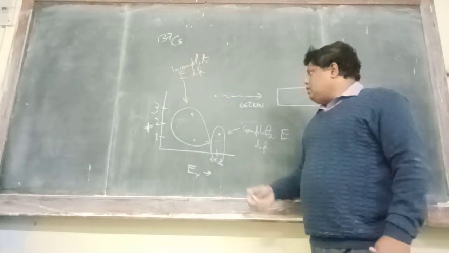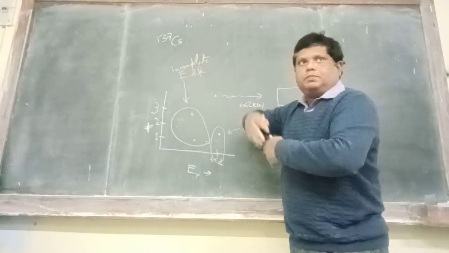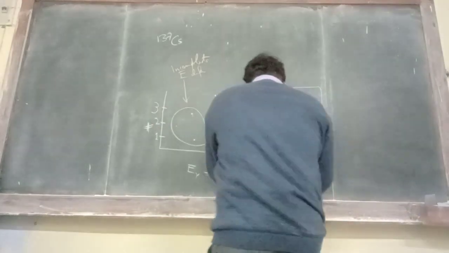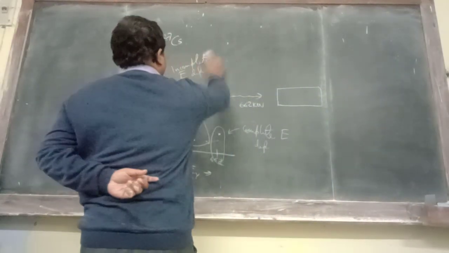No pair production. Now if you take this spectrum for say half an hour or so, then what you will observe is this.